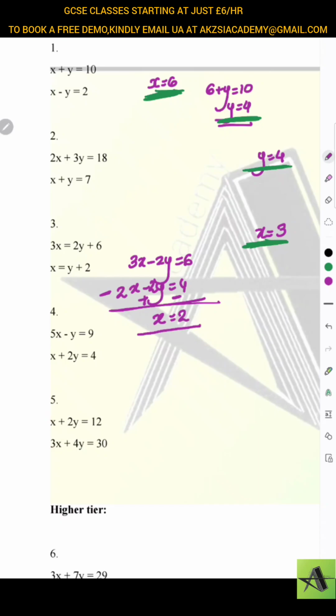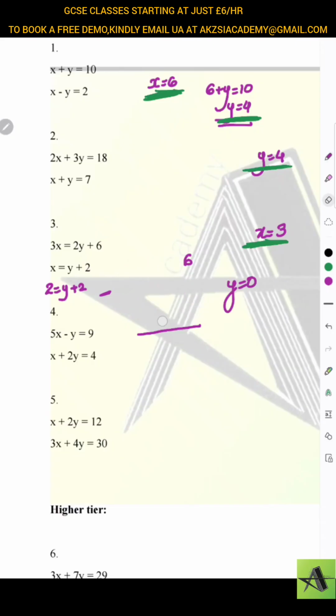So x is 2, and if x is 2, substitute it here, I'll get 2 equals y plus 2. That means y is equal to 0. So this is the answer for question number 3, where we find y is equal to 0 and x is equal to 2.